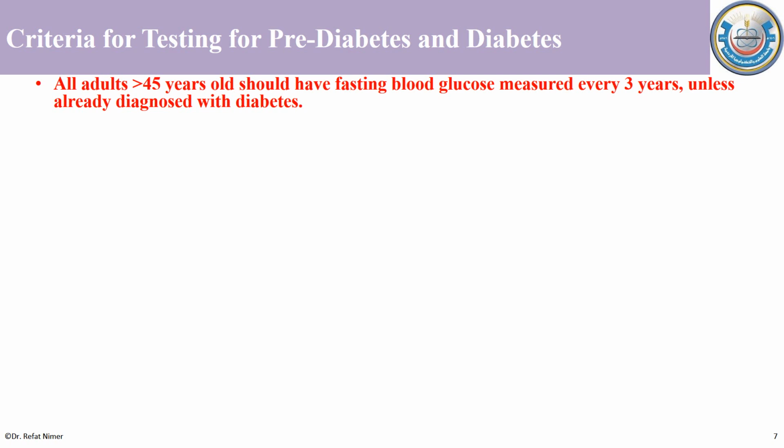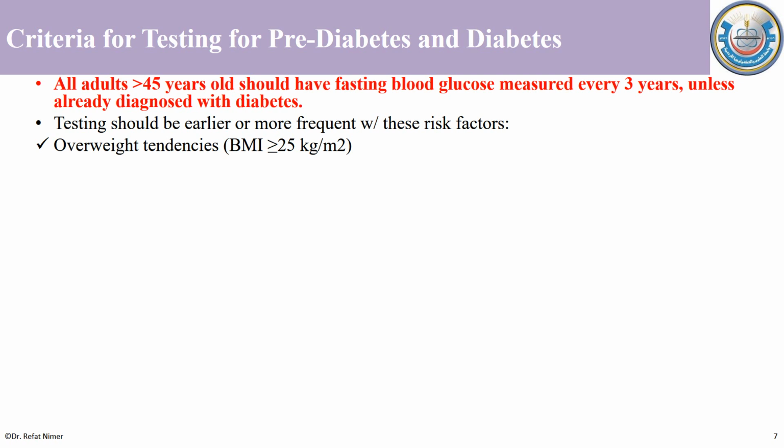So all individuals must check the glucose level, if they are older than 45, then this procedure can be done every three years, except if those adults have already been diagnosed with diabetes. Testing should be earlier or more frequent with these risk factors.